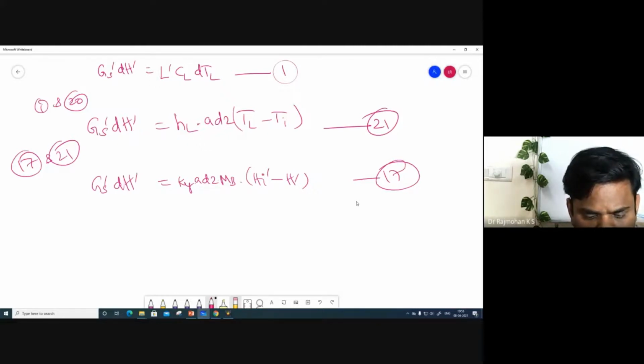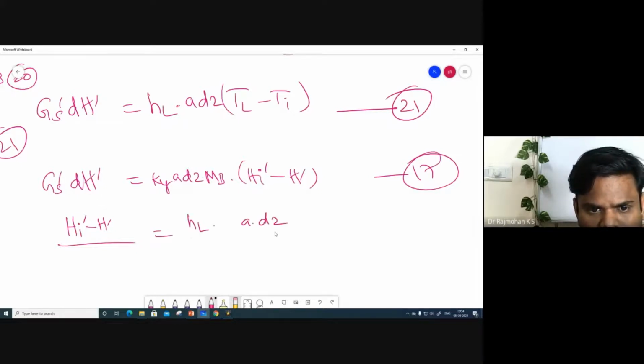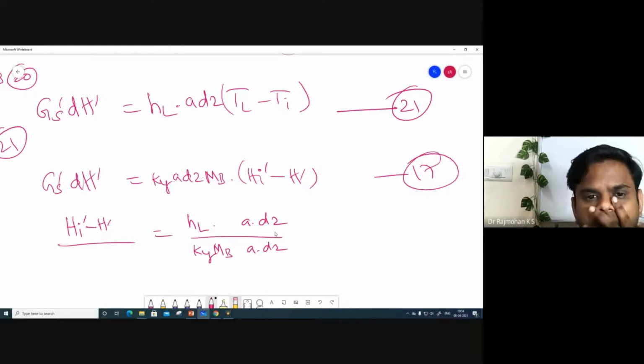So I can write Hi' minus H' is equal to hL a dZ, with denominator ky Mb a dZ, and then this TL minus Ti will go to the left hand side.